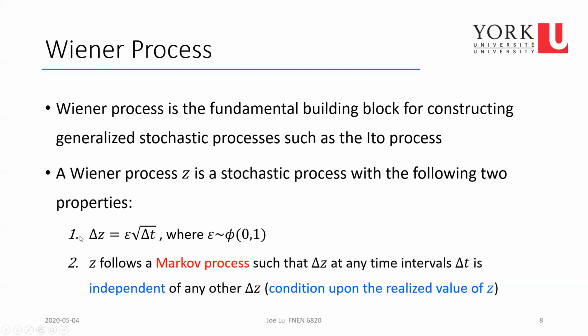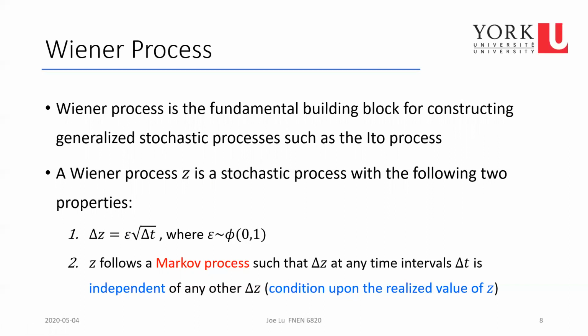Number one, the change of this state variable Z has a normal distribution, and the variance of that is in the order of delta t. The square root of delta t means that the standard deviation is in the order of the square root of delta t.